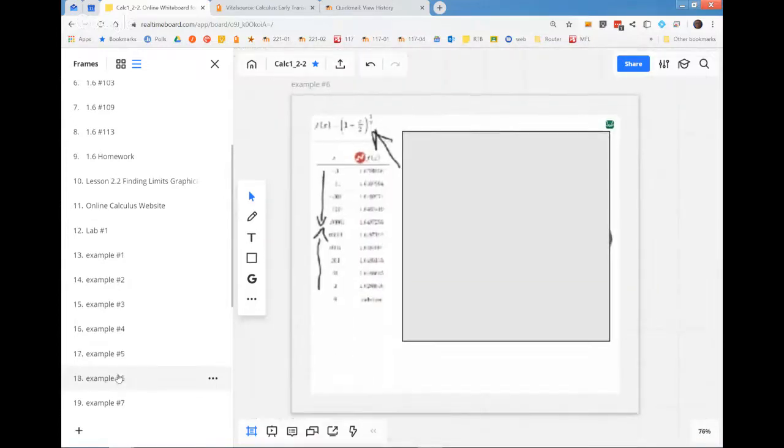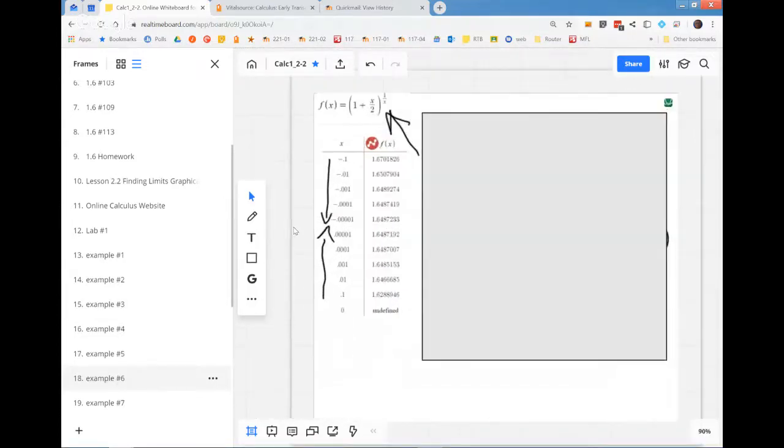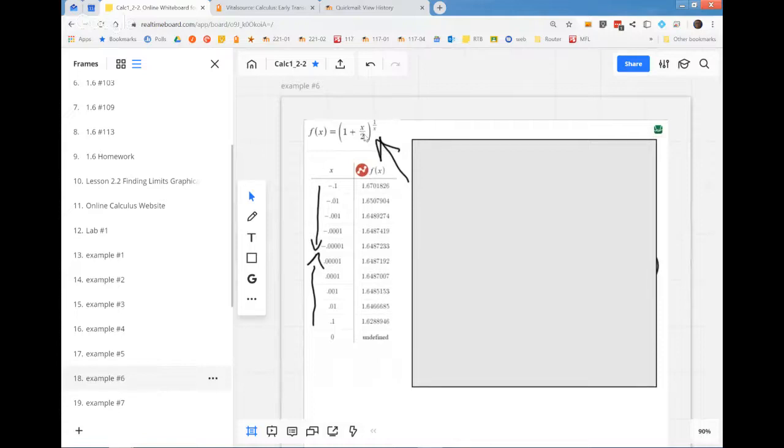Example 6. So this is different. You see how this time our function is (1 + x/2) raised to the 1 over x power. And you can tell, again, I'm going for x approaching 0. So I did it first on the negative side. Negatively, we're getting closer to 0.